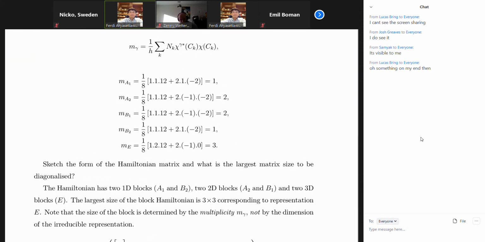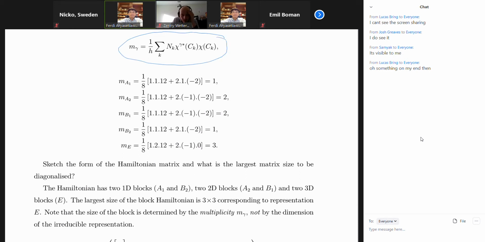We've done this before for the other problem. So we use this formula here to compute the coefficients. That's how many times the irreducible representation gamma appears in this 12 by 12 representation.